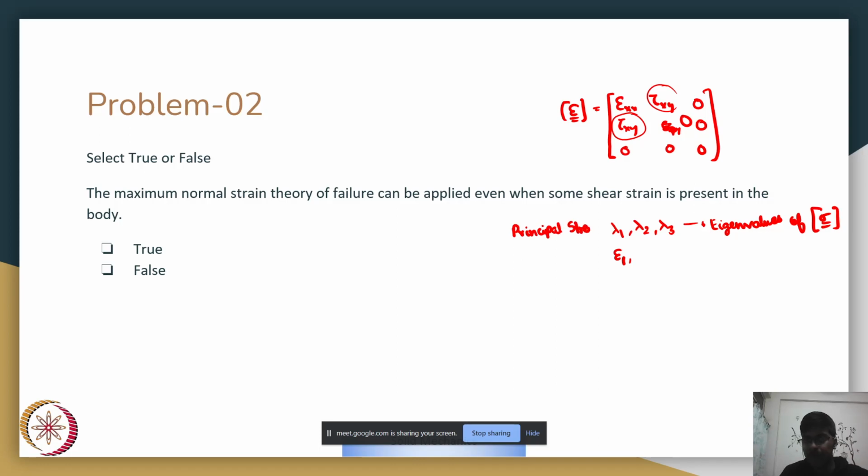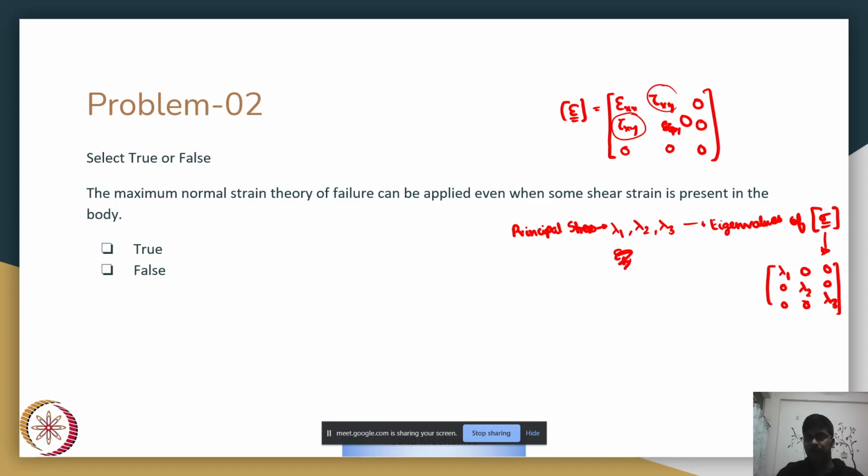So if you rotate your coordinate system so that it aligns to your principal stresses, your sigma in that coordinate system would become lambda 1, lambda 2, lambda 3, a simple diagonal matrix.